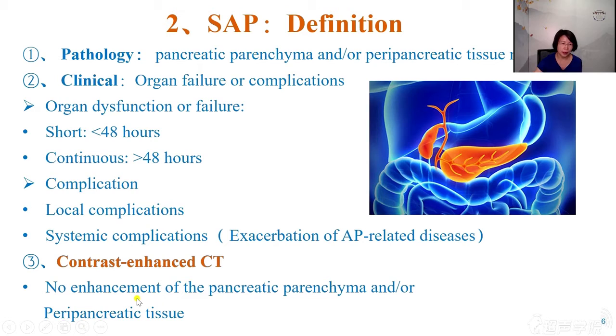The second key point is there is no enhancement in peripancreatic tissue. The no enhancement in peripancreatic tissue means ANC or WON. Both ANC and WON are local complications.